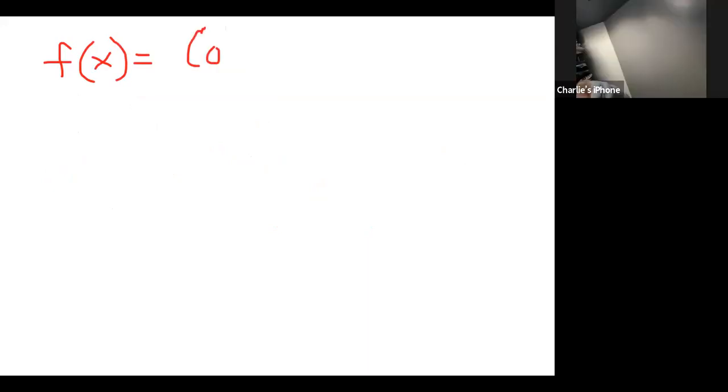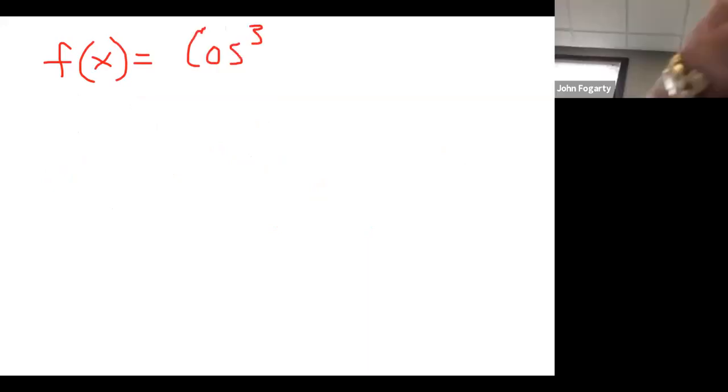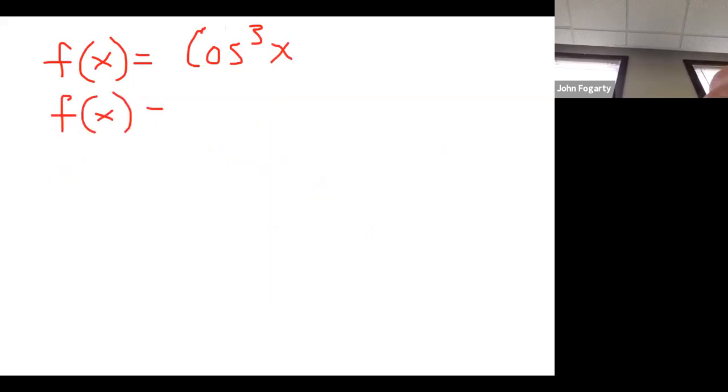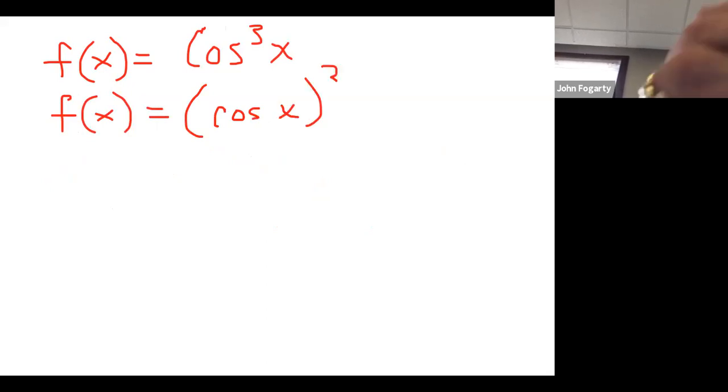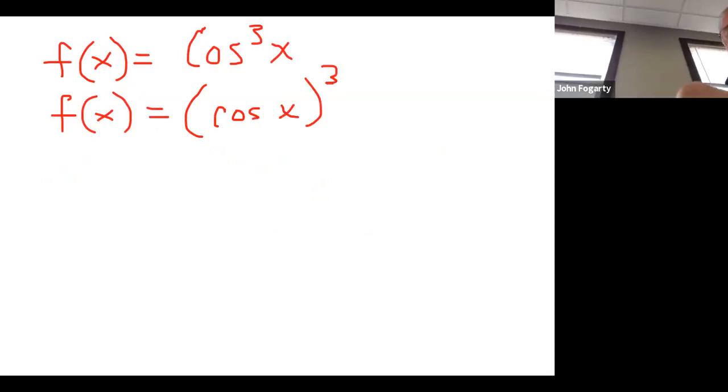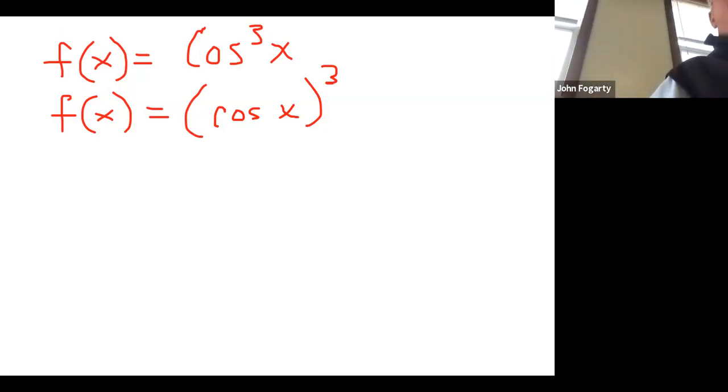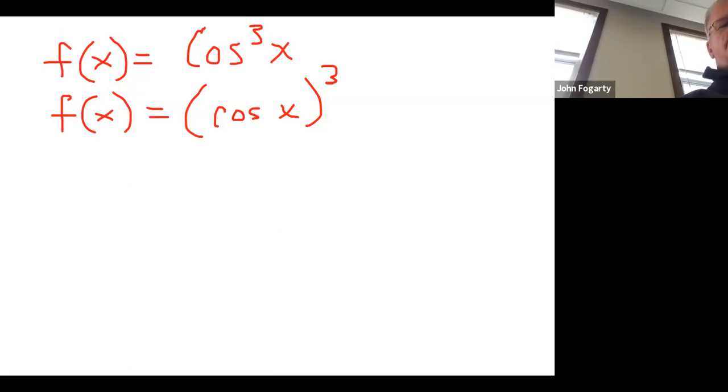F of x equals, well, it says the cosine cubed of x, but we know that's the same as the cosine of x cubed. All right, so what's the first thing we're going to do here? Which function are we going to find the derivative of first?